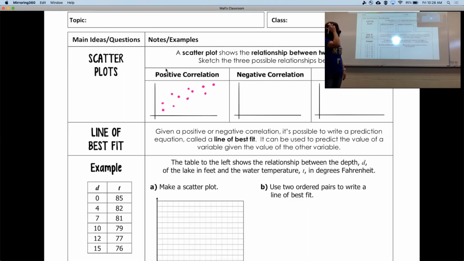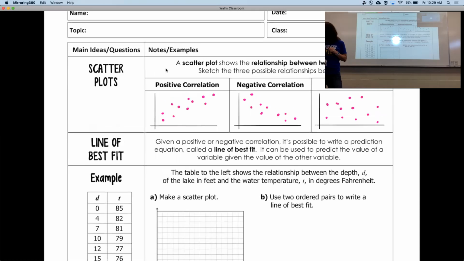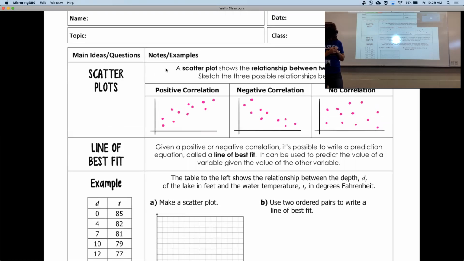The other option is we might see data where as one value increases, the other one decreases, and that would be like this. I don't care where you put these points, you just want to see that negative trend, so that's got a negative slope. And then the last one would be no correlation, which just means that we've got dots all over. They're not going up, they're not going down, they're just scattered, in a scatter plot, which makes sense. So: positive correlation, negative correlation, and no correlation.